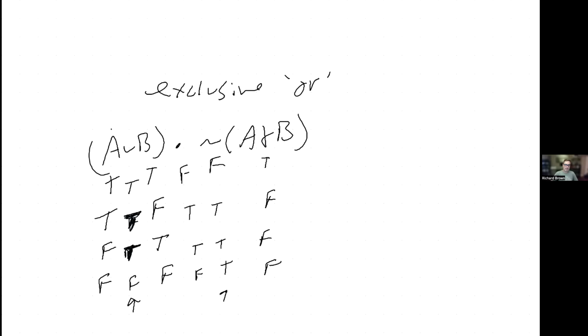So there you go. Exclusive or is going to be ruling out this very first case here, where you have both A and B being true. Sometimes there's a symbol for this. I think, what is it? Is it X in a circle? I always forget.